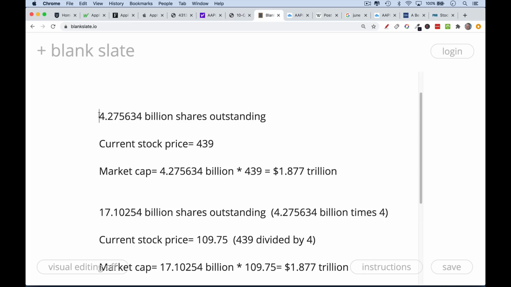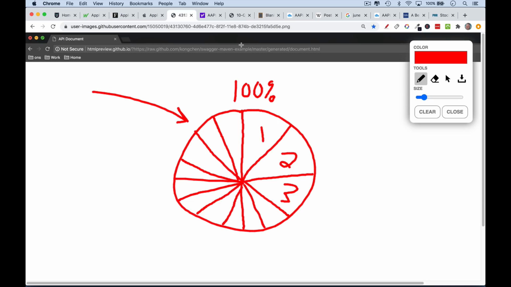So basically, currently, there are 4.27 something billion shares outstanding. The stock price is trading today at around $439 a share. So if we want to calculate the valuation of the company, the market cap, the total value of equity, in other words, how much money you would need if you wanted to completely take over and buy every single share, we would just take the current stock price times the number of shares outstanding, and that will give you the value of the whole pie.